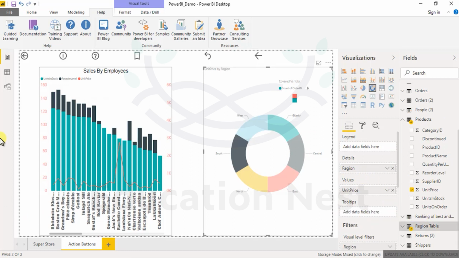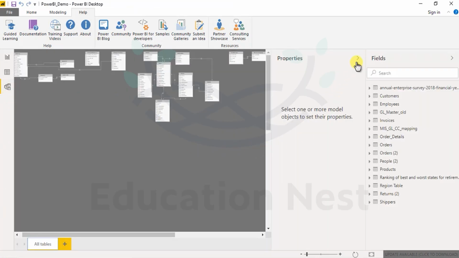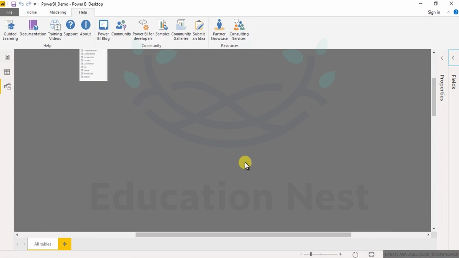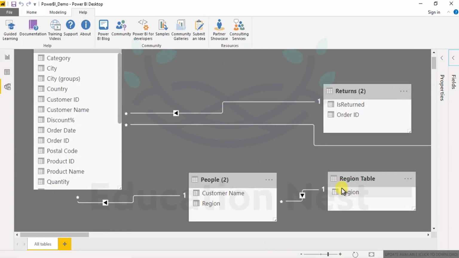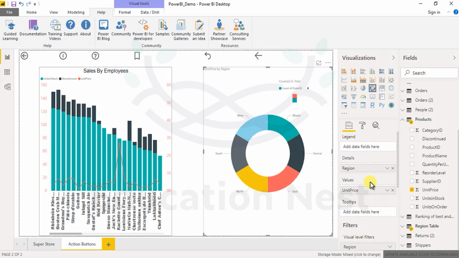So if I have to go back and see what the region table looks like, let's expand it. Let's scroll to the top and let's see, the region table is connected to the people table. So if I have a customer name over there, then let's see what happens. The region table is connected to people.